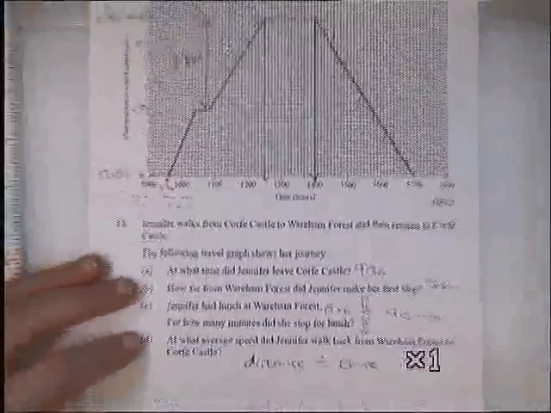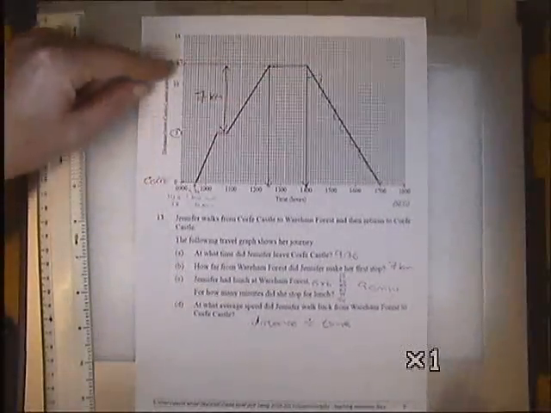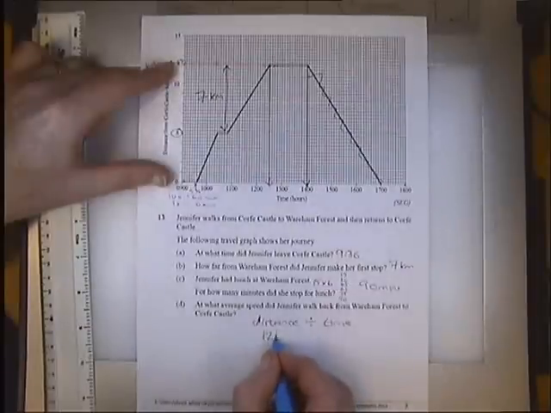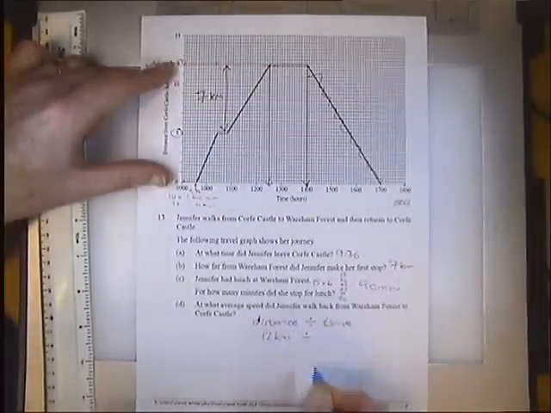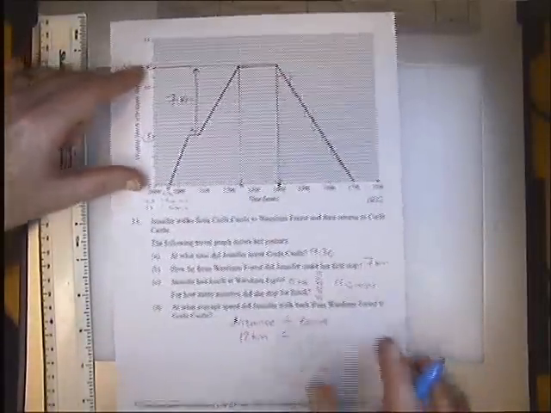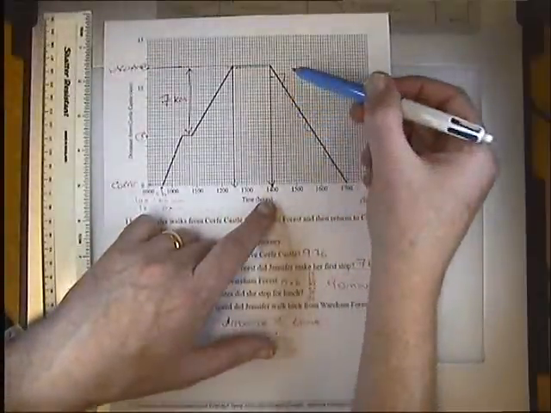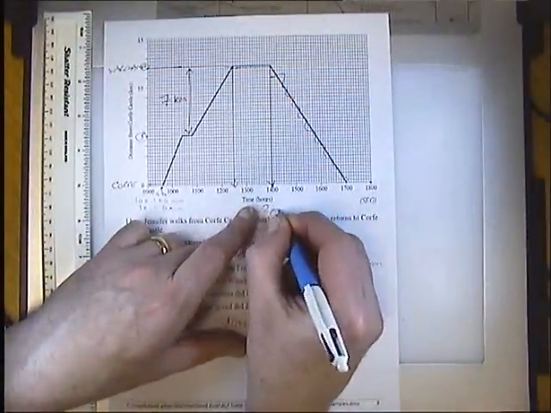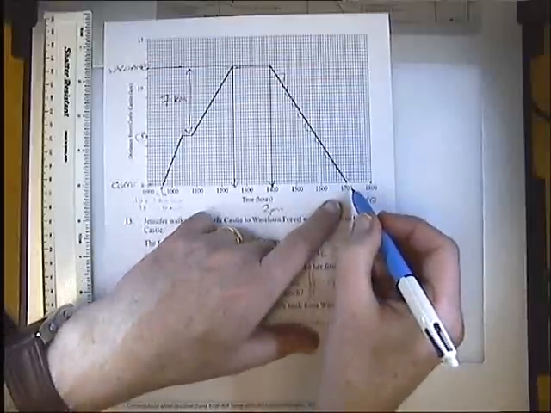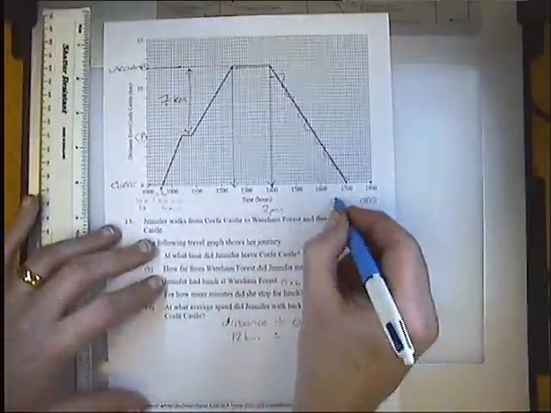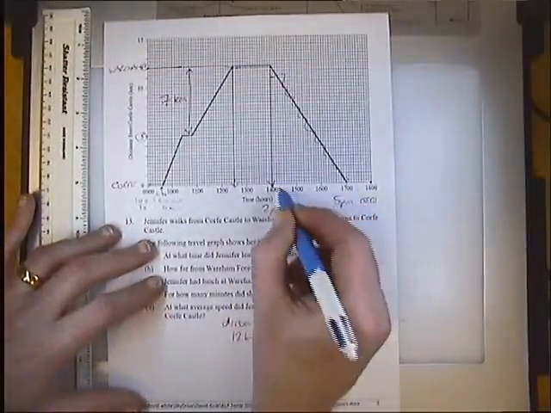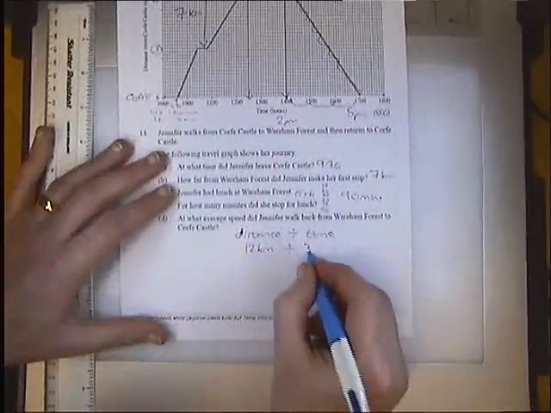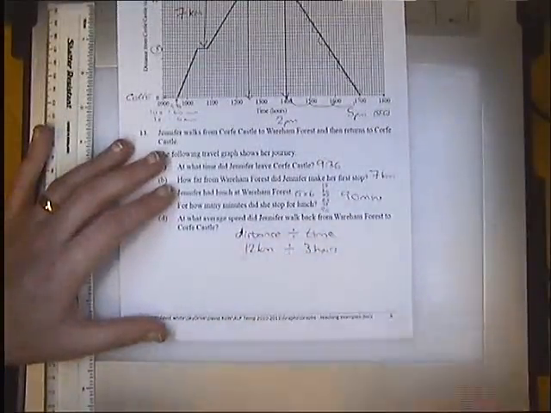And the distance she walked from 12 kilometres away back to the start, well, that's 12 kilometres. The time she took, well, she left Wareham at 1400, which is the same as 2 p.m. She got back to Corfe Castle at 1700, that's the same as 5 p.m. That's 1, 2, 3 hours. So the time is 3 hours.